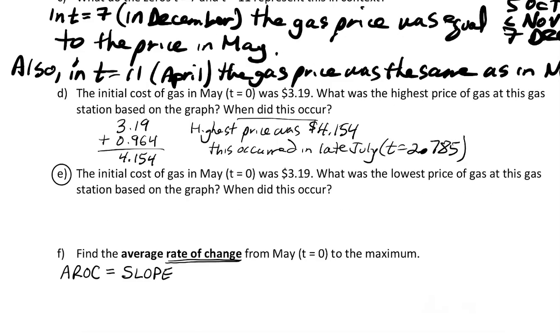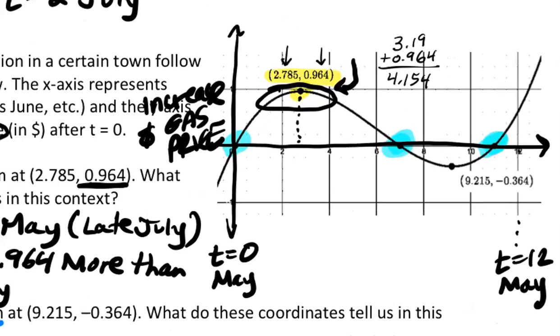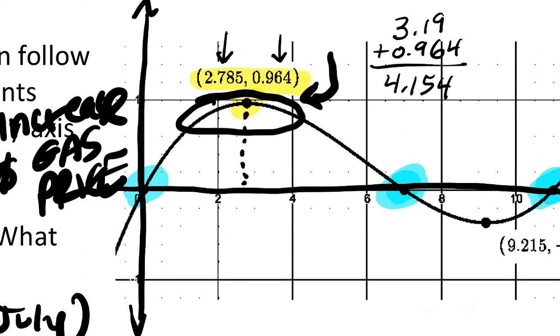So visually, this point is the t equals 0 point, and this point is the maximum that we were asked about. And we'd like the line that passes through those 2 points. So we'd like to know the slope of that line, and that would be the average rate of change.